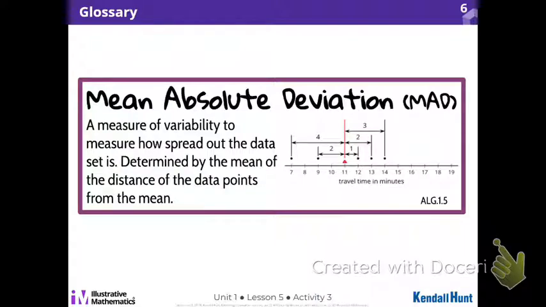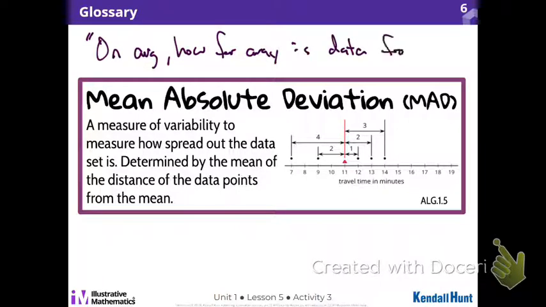So I think about mean absolute deviation as what it is. On average, how far away is data from the average? You might ask why I'm saying average so much. Well, that's what it is.